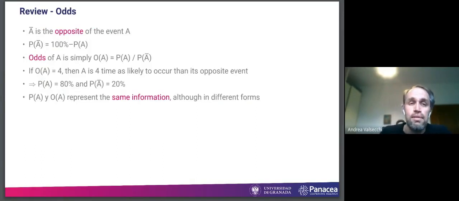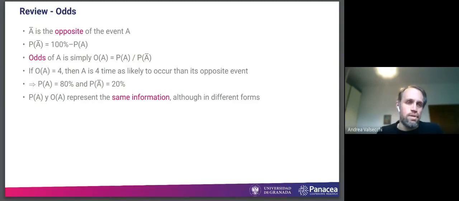Right, so another concept is the one of odds. Odds is a way to talk about probability that is more related with gambling. And it's pretty simple, actually. The odds of an event is simply the ratio between the probability of this event and the opposite event. So if I say that an event has odds of 4, I'm saying that A is 4 times more likely to occur than the opposite event.